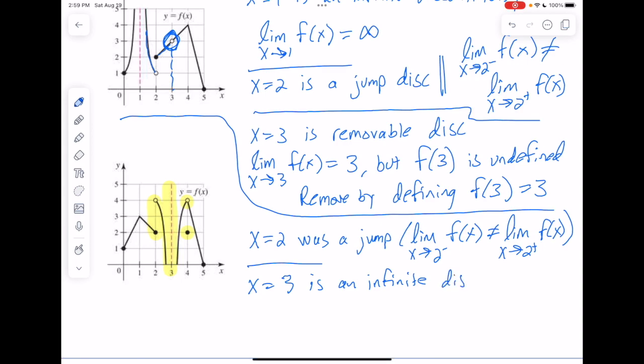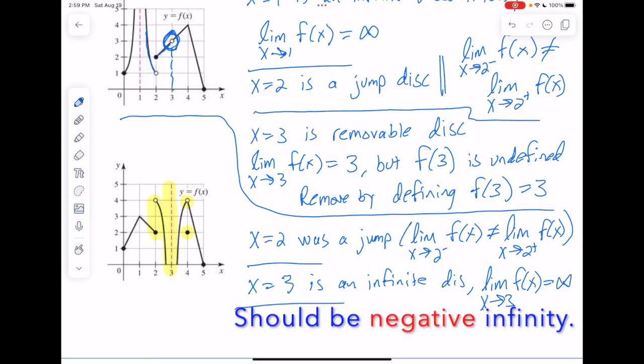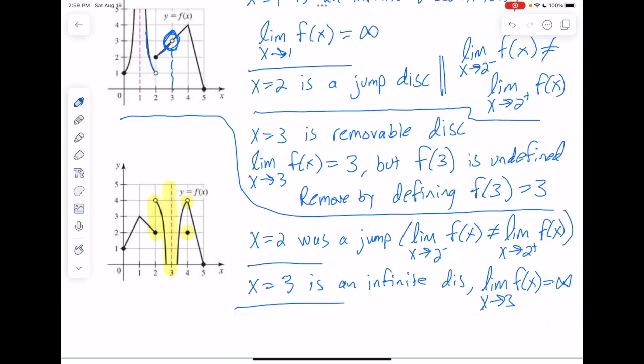And that's because the limit as x approaches 3 of f of x is infinity, and also because we have a vertical asymptote there. And then finally, x equals 4 is a removable discontinuity.